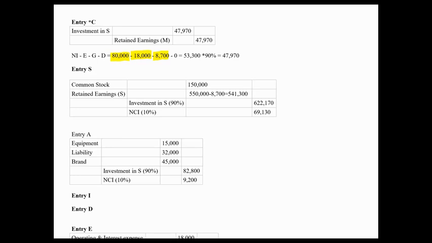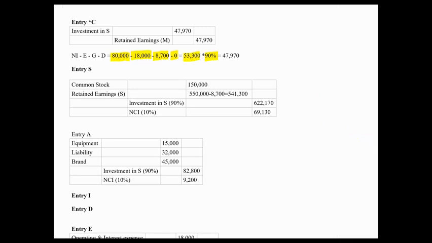Here the dividend declared by the subsidiary is 0, so we minus 0, and we get 53,300, and because the parent only has 90% controlling interest, we need to times 90% as well. Okay, so that's how we get 47,970 as the adjustment amount for the control *C. So that's just to convert the retained earnings to the equity method totals.